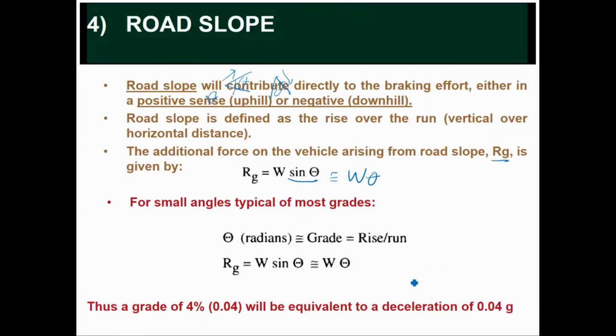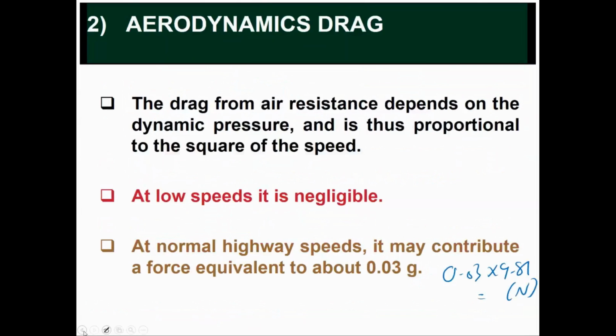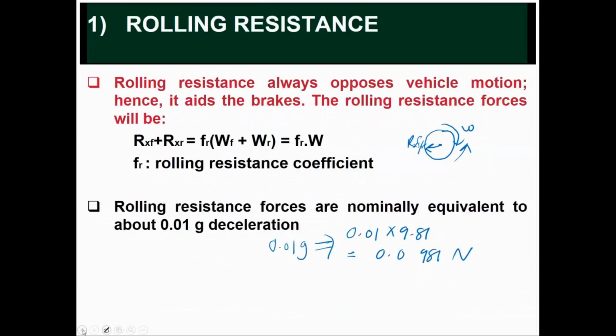So based on 4 factors ni, mana yang paling tinggi? Kita tengok this road slope 0.04 G. Yang nombor 2 is 0.03, number 1 is 0.01.